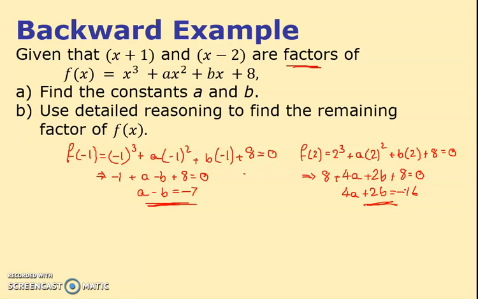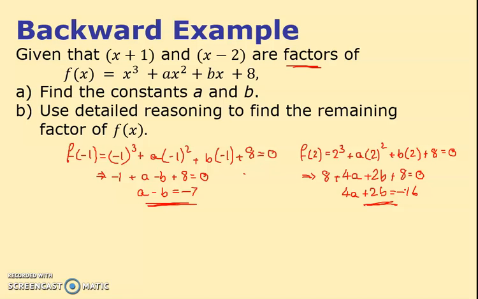You could solve these properly, doing it yourself. You can see I'm just typing it into my calculator, pressing Menu, then the equation solver. It's simultaneous equations with 2 unknowns. I'm typing a minus b equals minus 7, so 1a, negative 1b, and negative 7 is my first equation. Of course, it comes up in x's and y's, but think of that as a's and b's.